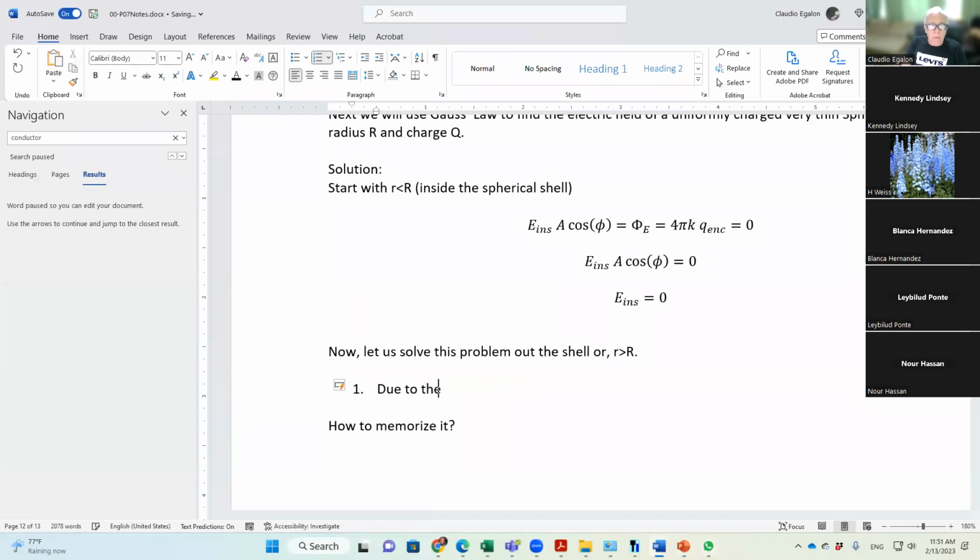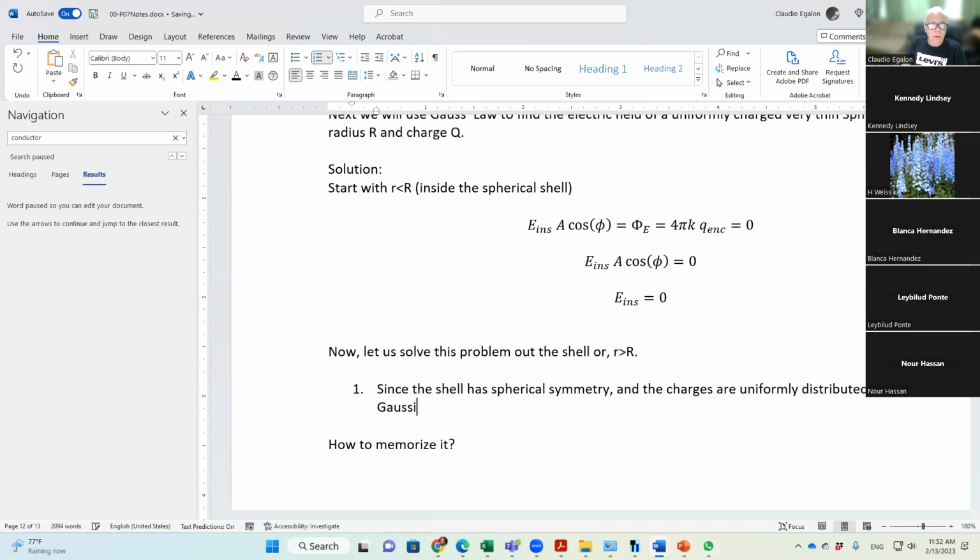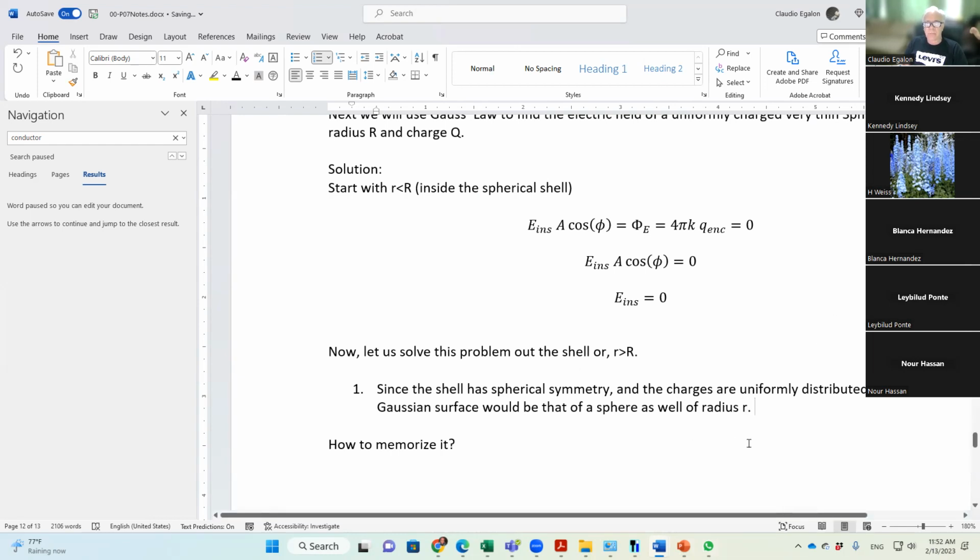One, due to the symmetry, since the shell has spherical symmetry and the charges are uniformly distributed, a convenient Gaussian surface would be that of a sphere as well, of radius r, lowercase r, to distinguish from the uppercase R.